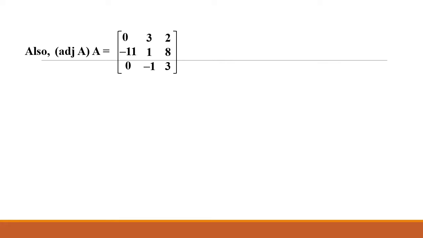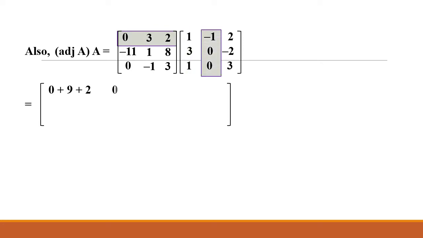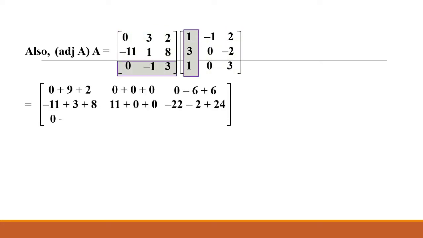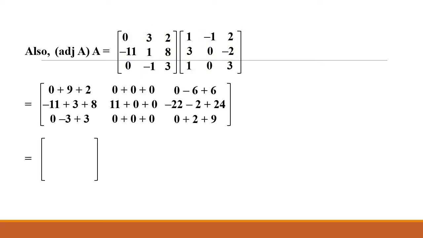Similarly, we will calculate adjoint of A into A, which equals 0 3 2, minus 1 minus 11 1 8, 0 minus 1 3 into 1 minus 1 2, 3 0 minus 2 and 1 0 3. On simplifying these two matrices, we get the elements as 11 0 0, 0 11 0, 0 0 11.